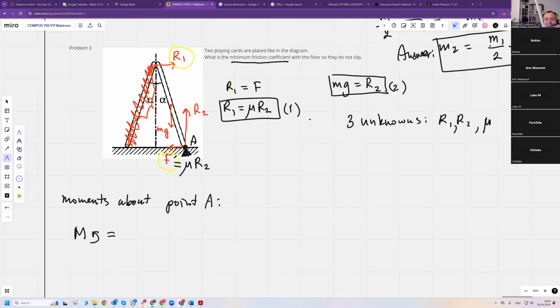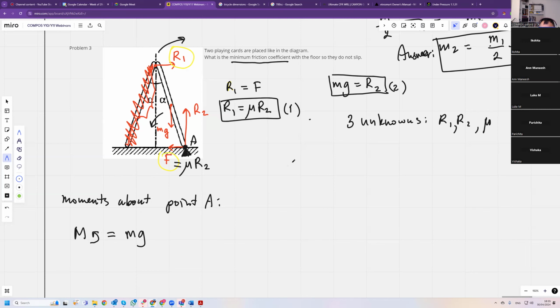Okay. Right, so the anti-clockwise moment, the mg force, is trying to rotate it that way, and this force is trying to rotate it that way. So the anti-clockwise moment is mg multiplied by the distance.